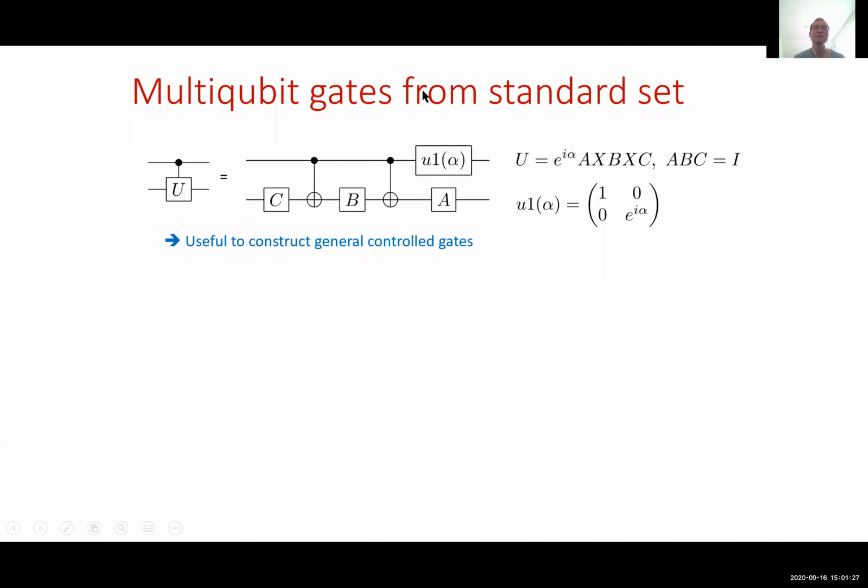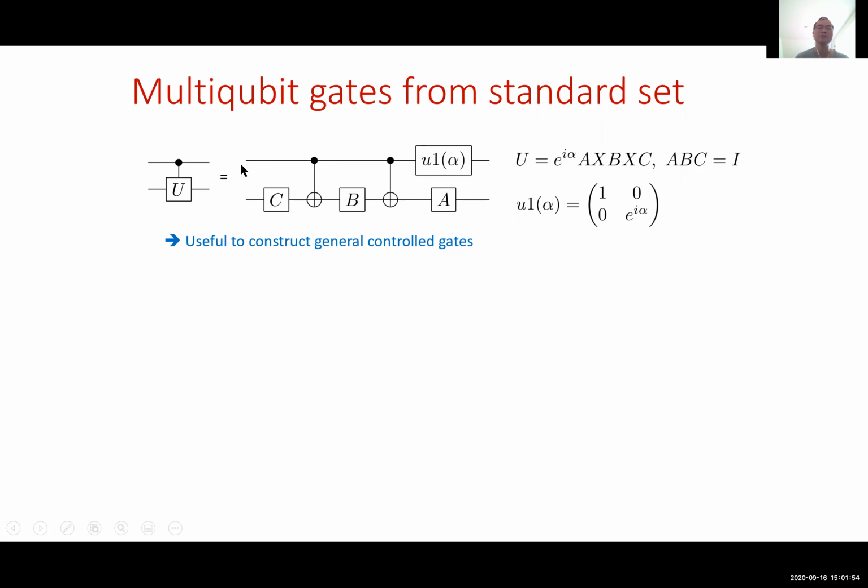So I'm going through a lot of the technical things that might be useful in designing circuits. One very useful one is this control U. It might be possible you want a controlled operation, but this U is not necessarily the CNOT gate. So how can we implement that?